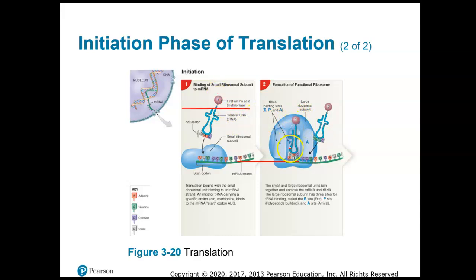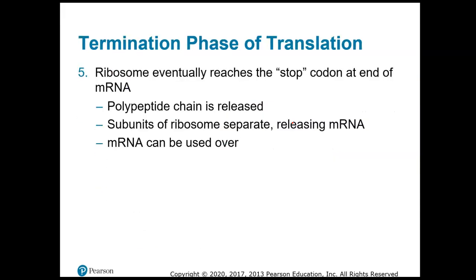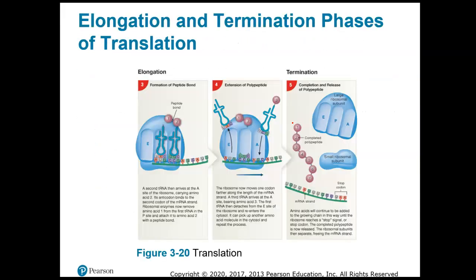Transfer RNA carrying methionine is going to bring it to that correct spot on the messenger RNA because the anticodon on the tRNA is complementary to the codon on the mRNA. And so the methionine, or amino acid 1, is going to be the first one in to form the protein. And then translation just continues on until all of the amino acids that form the protein have been added.